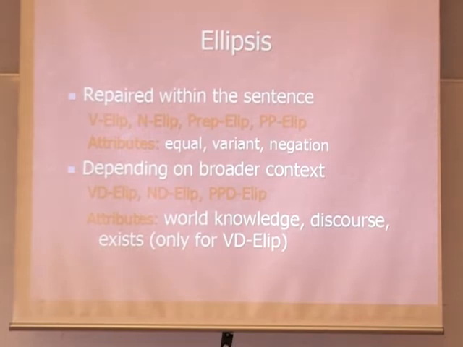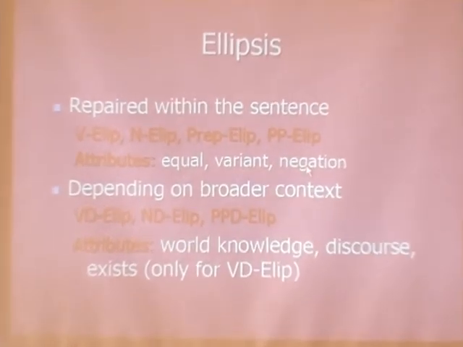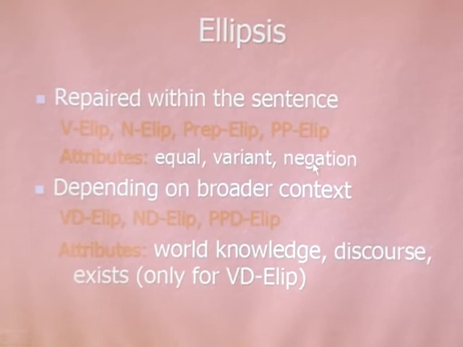Here I mean the whole articles or parts of books that we annotated. You have the usual labels for ellipses, but it is very interesting to see the attributes. For example, those prepared within the sentence could be equal. I mean, what we copy as missing could be equal to the host, could be a variant of the host, and could be completely opposite.